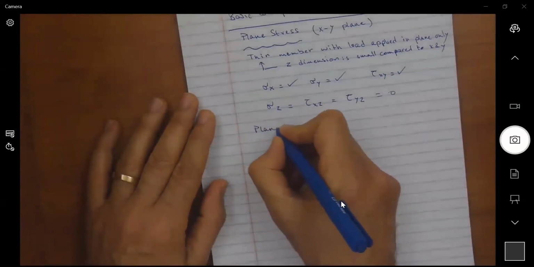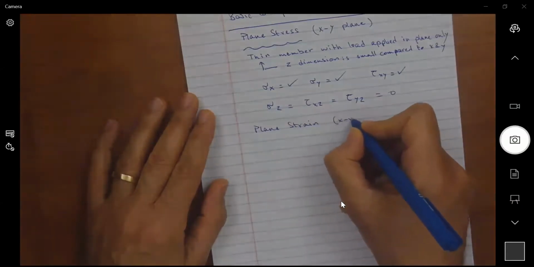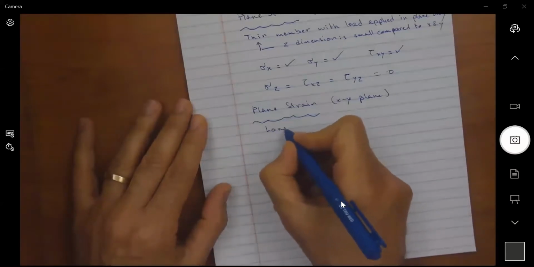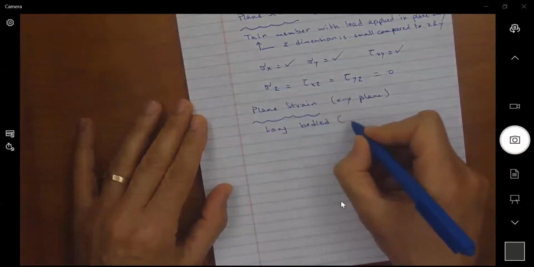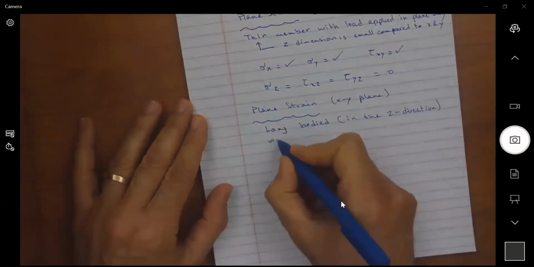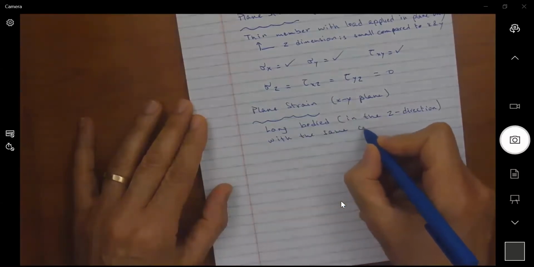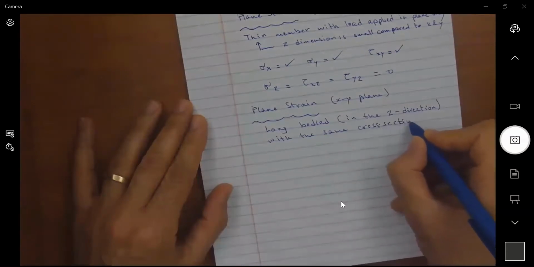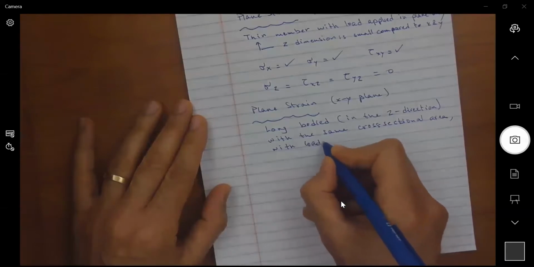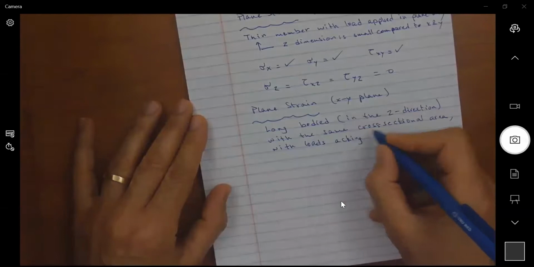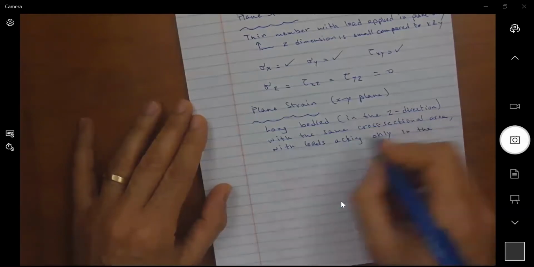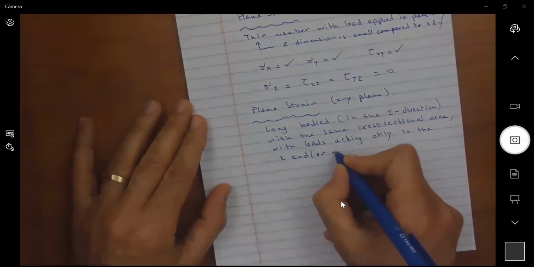On the other hand, for plane strain, still working in the XY plane, this type of analysis is for long bodies in the Z direction, with the same cross-sectional area, with loads acting only in the X and/or Y directions.